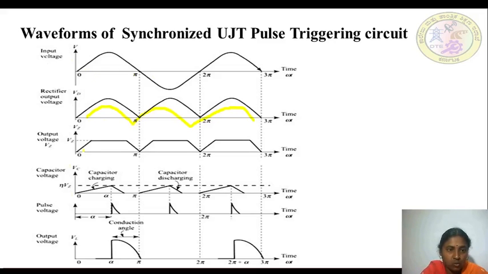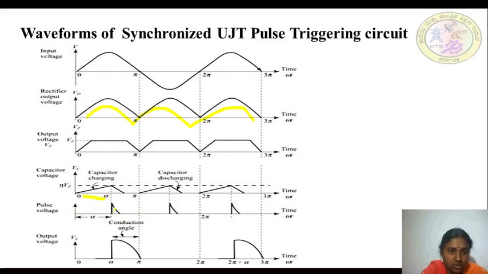This is the output voltage across the Zener diode. Here we can observe that the rectified output voltage has been clipped to the Zener voltage by the Zener diode. The next is the capacitor voltage waveform. The capacitor is charged from its valley point to the peak point, and this charging period is determined by alpha.